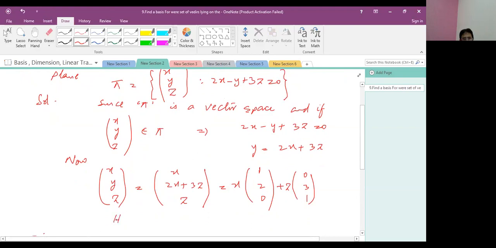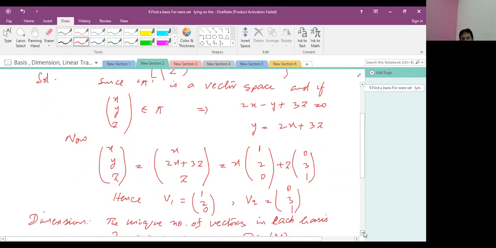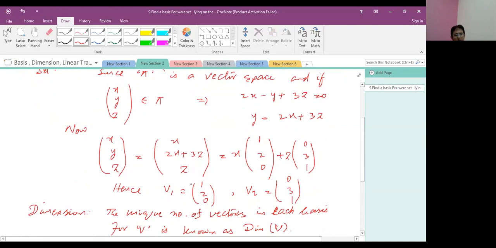Hence, V1 is equal to (1, 2, 0), V2 is equal to (0, 3, 1). These are the vectors that span pi.